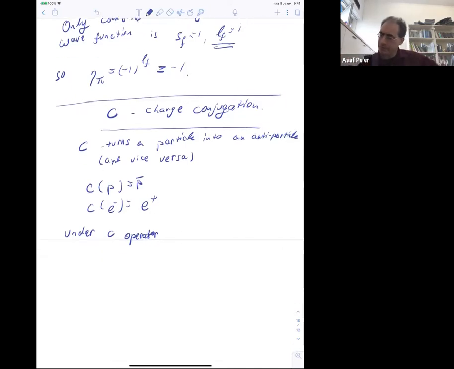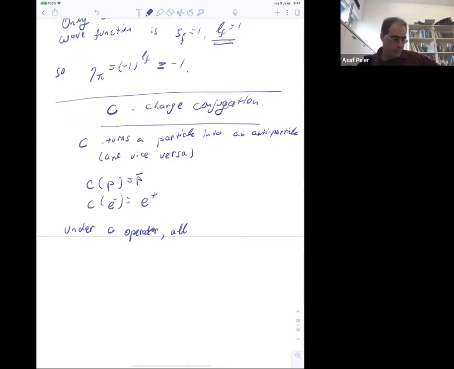Under the C operator, all intrinsic additive quantum numbers change sign.